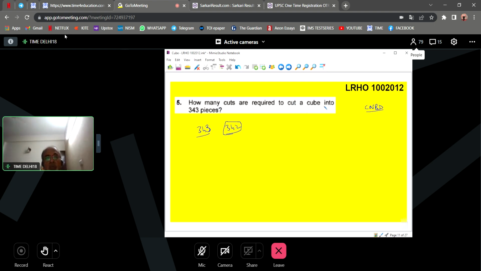How many cuts are required to cut a cube into 343 pieces? They have not asked whether the number of cuts should be minimum or maximum. I'm not given either of these two. So the maximum number of cuts required will be 342.